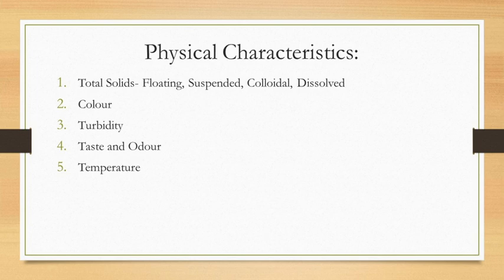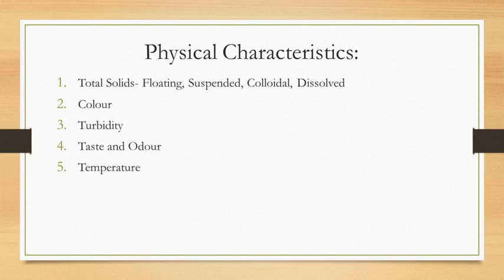So this is about the physical characteristics of wastewater. Total solid, that is suspended solid, colloidal solid, dissolved solid, and floating solid. Color is due to the presence of dissolved matter and organic acid. Next, turbidity is due to the presence of mud, clay, algae, microorganisms, and silt.